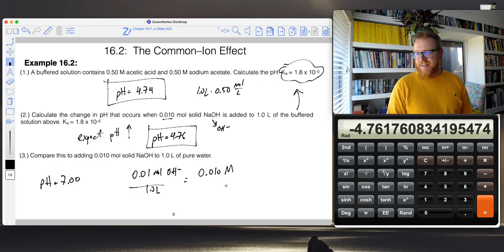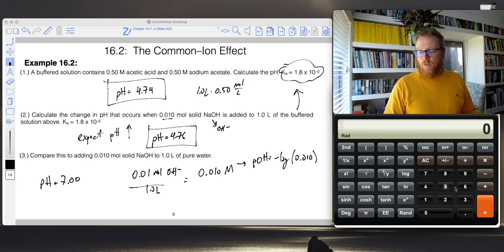And of course, if I take the negative log of that, that gives me the pOH. So let's do that. So the pOH is the negative log of 0.010, which hopefully you can see in your head, that's going to be 2.00.